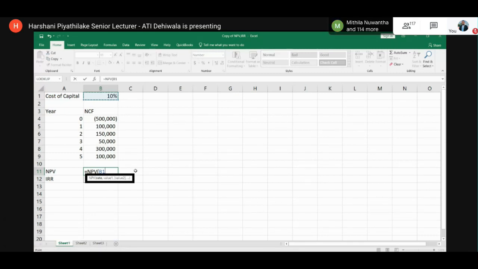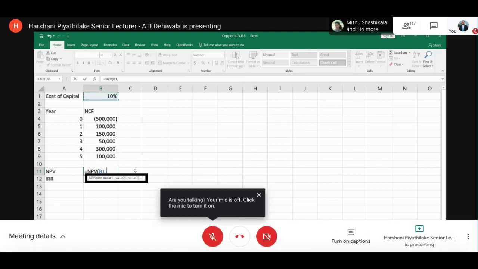Therefore just click the 10%, comma, then you have to select the values, very easy, right, including this.